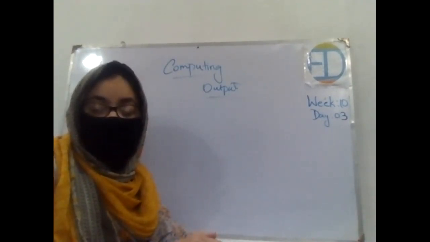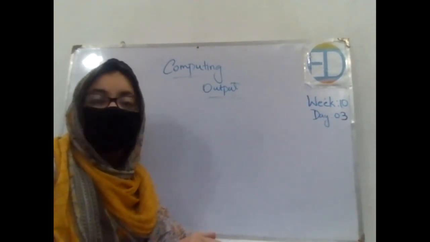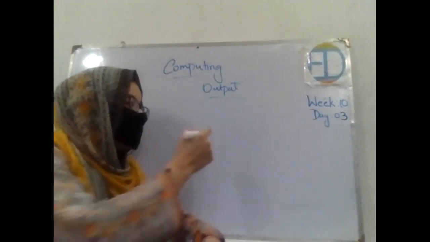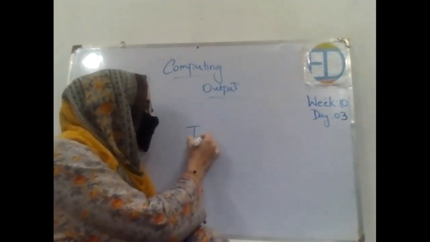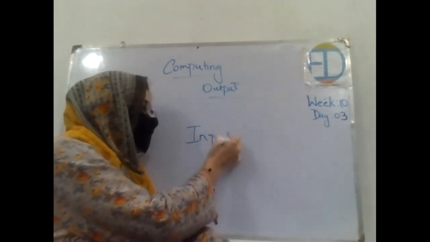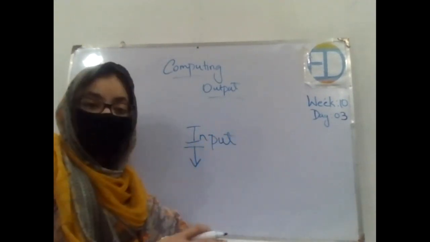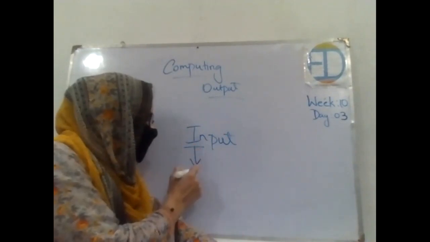In today's class, we will be talking about the output. Remember in our last class, we talked about what input means. The word input, how did we get the idea that in means enter?